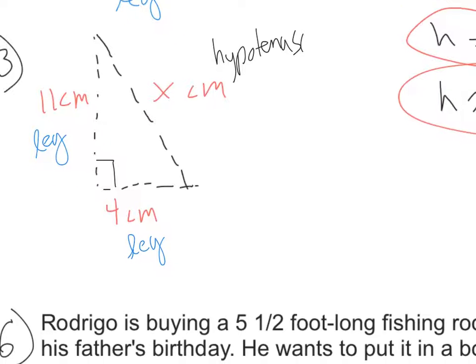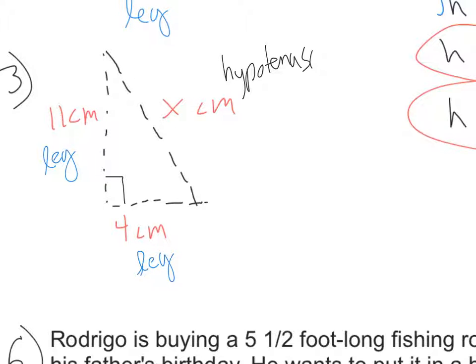So let's set up the Pythagorean theorem with this information. I've got 11 squared plus 4 squared, and that's going to be equal to this hypotenuse, which is just x. So it doesn't necessarily matter what letter you're using, it's just representing that hypotenuse. Awesome. Now that we have this, we can simplify and solve for x and find out how long that side is. So this is 121 plus 16 is equal to x squared.